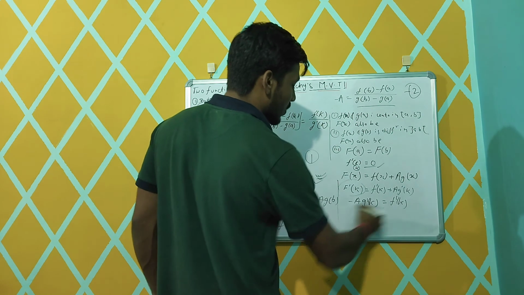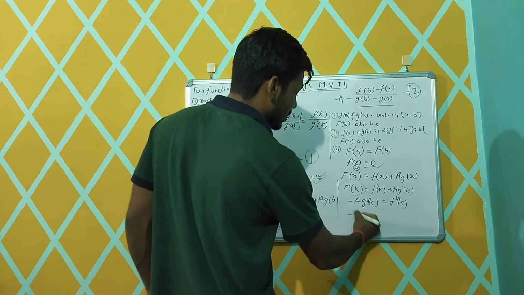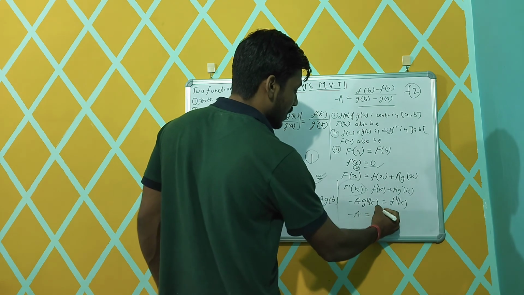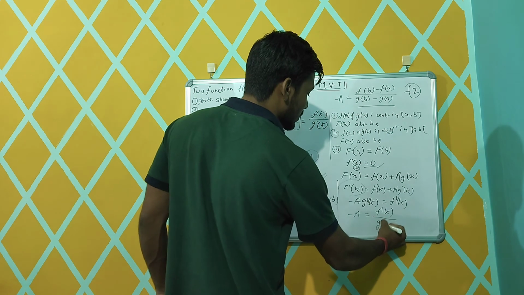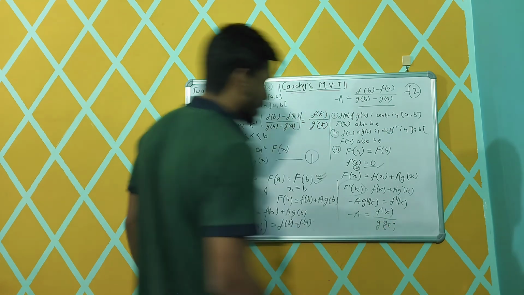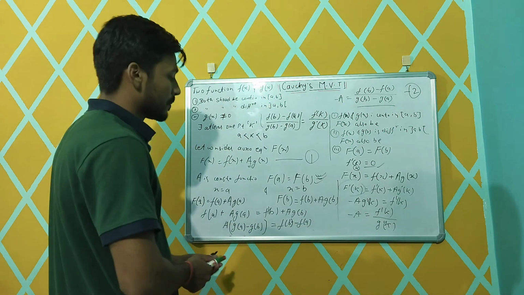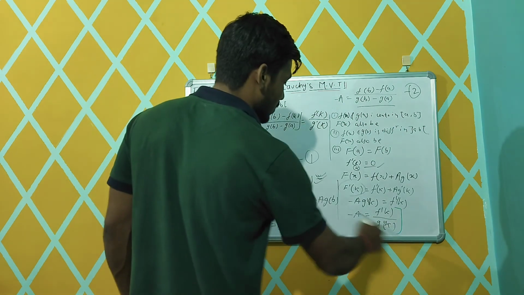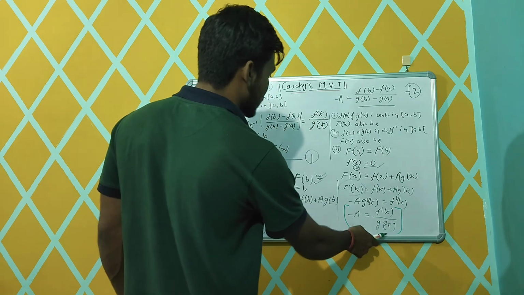Now if I put g dash k on the other side, it will be minus a equal to f dash k divided by g dash k.